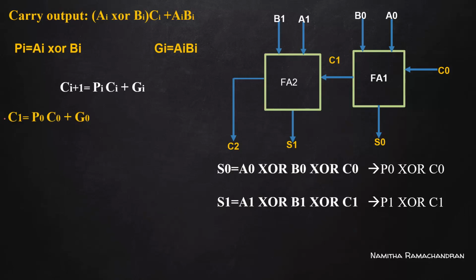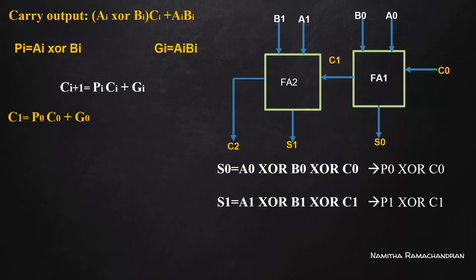Now consider carry. This is important. We need to generate a new expression, or a modification of this carry output expression or carry circuit, in order to reduce the propagation delay of carry. This is the most important part. So carry 1: what is the expression for C1?